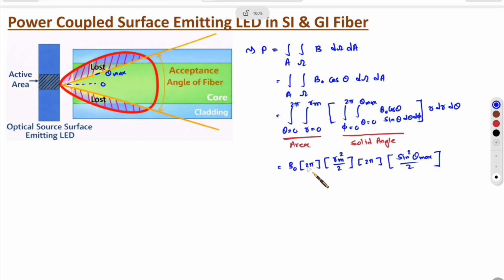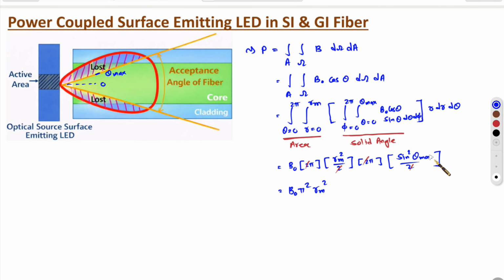Now let us simplify this. So here you can observe this 2 and this 2 are getting cancelled, this 2 and this 2 are getting cancelled. So here we have B naught, then pi into pi, that is pi square, here we have rm square, and here we have sin square theta max.